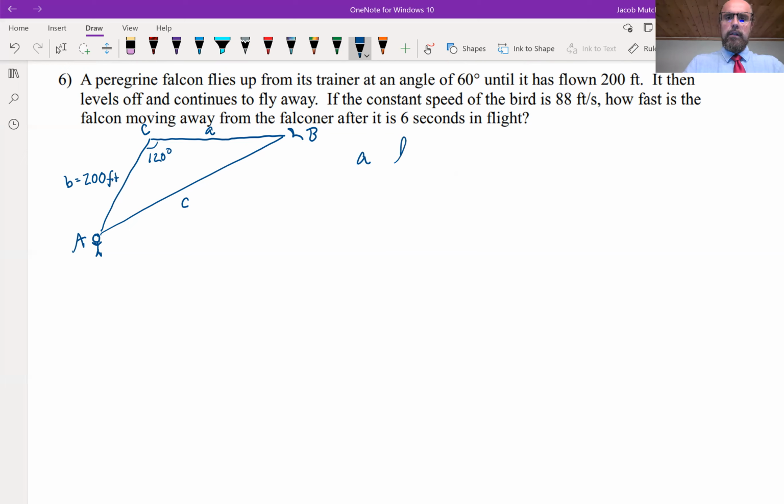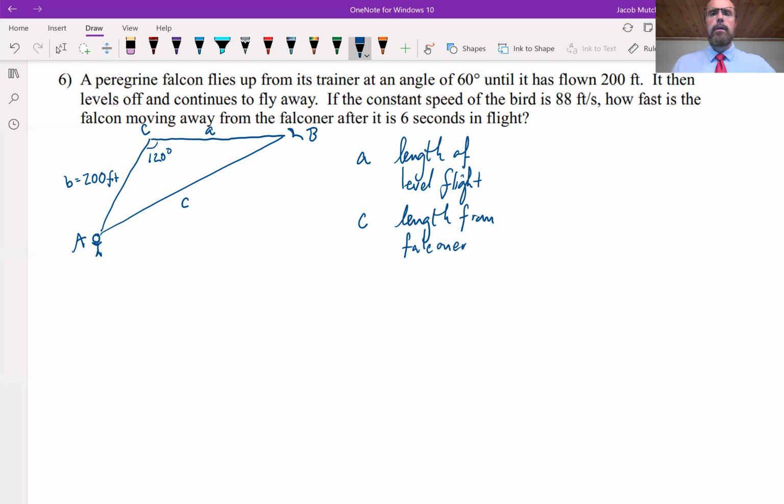And I'm also interested in side C, which is the length from falconer to falcon. And it's not a right triangle, but it is akin to the hypotenuse of this triangle. It's the longest side, length from falconer to falcon. So calling it C is appropriate for where it is in the triangle.